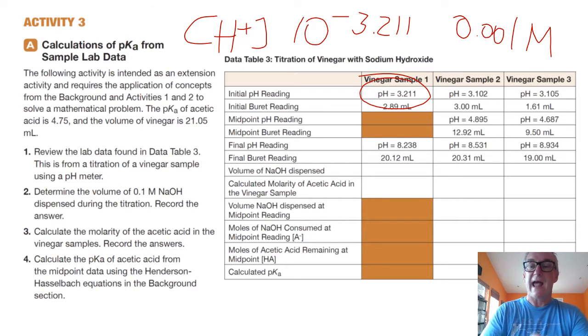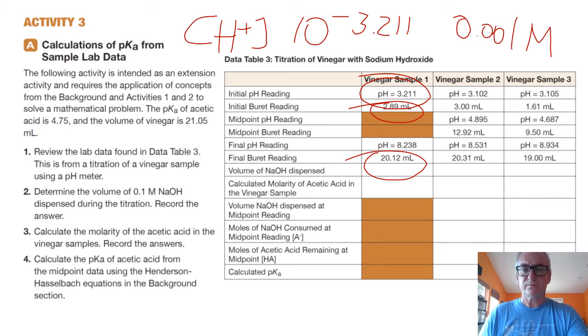So how much sodium hydroxide is used? The final reading was 12.12 mils. The initial reading was 2.89 mils. If you take the difference, that would be the volume of sodium hydroxide used.